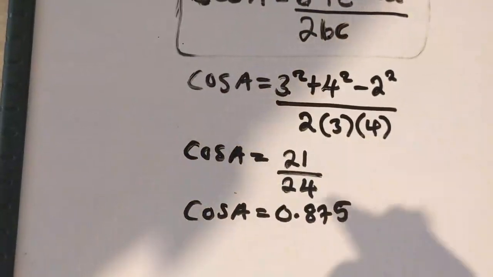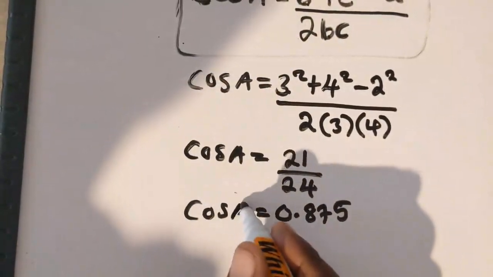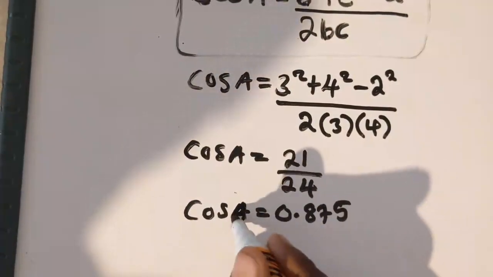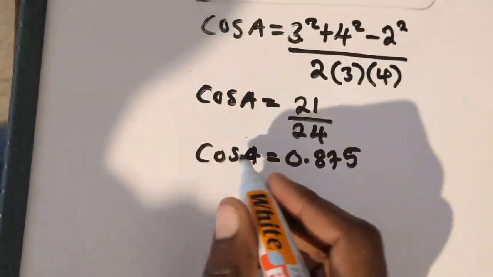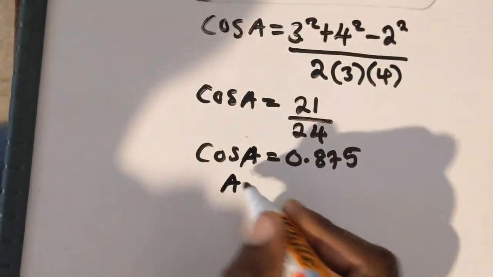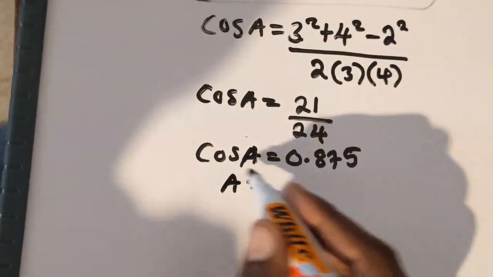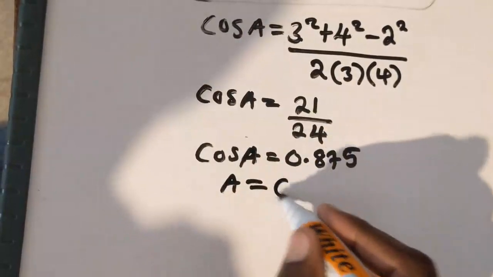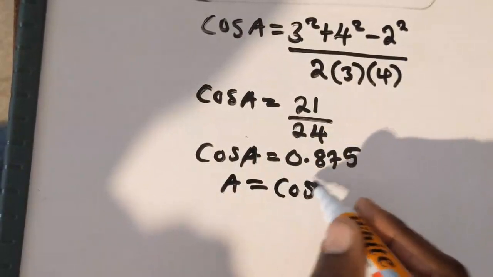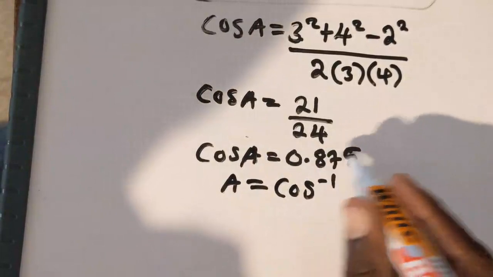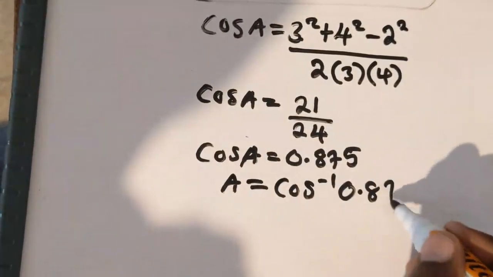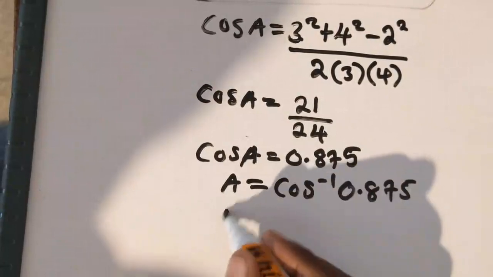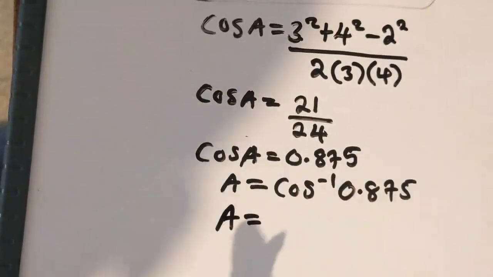Then what you're looking for is A, not cos A. So A is equal to cos inverse of 0.875.